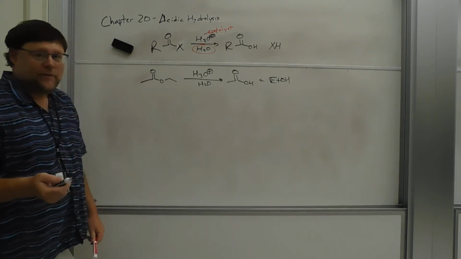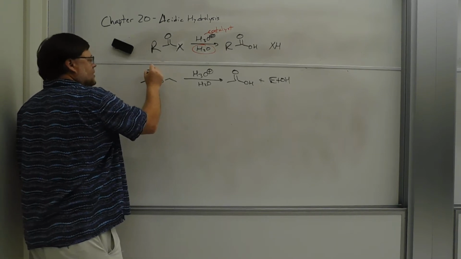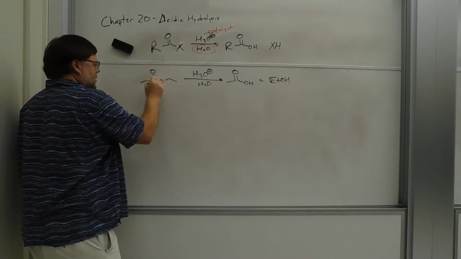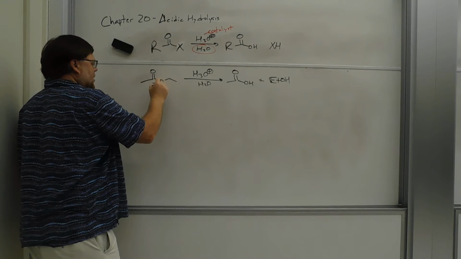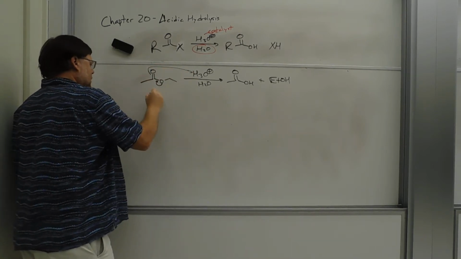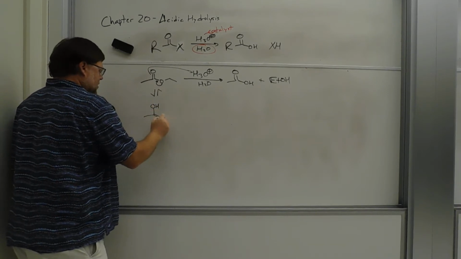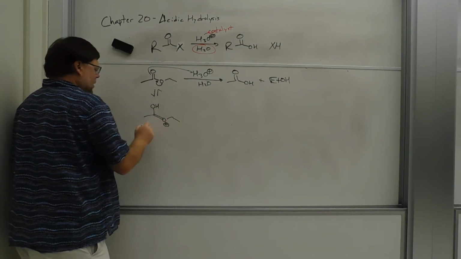As I showed in the Fischer esterification video, you always want to protonate the oxygen. And you can see this because the sp3 oxygen here is pushing electrons up at the carbonyl. I'm going to draw this resonance structure like this. You don't have to, right?